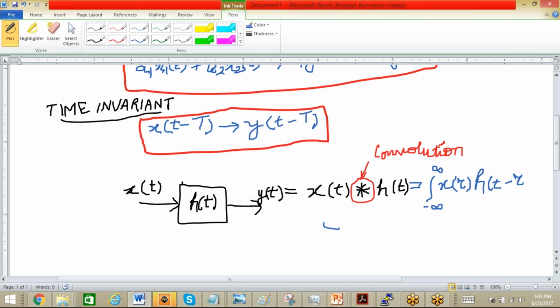Okay, d tau. Fine. This is something called your convolution. Okay.